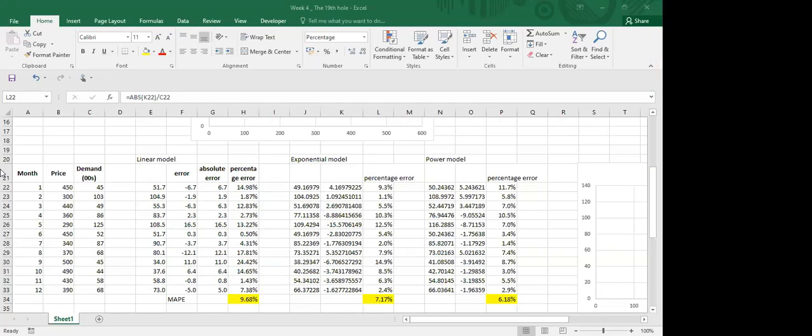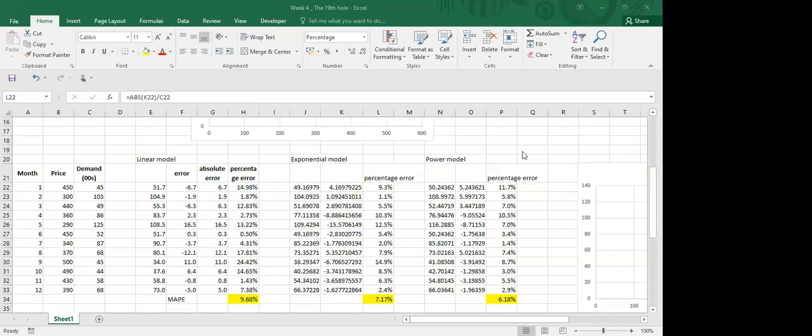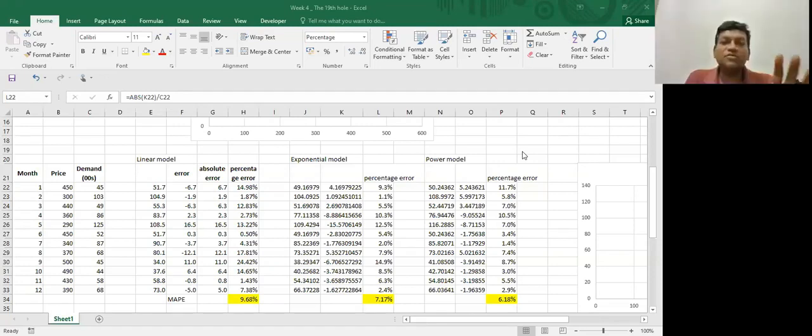Sir, should we check the average of all this percentage error? Because for month 1, the exponential model is the best fit. Should we check the average, or go month-wise? That is the reason we are taking the mean absolute percentage error, and that's the reason we are summing up.